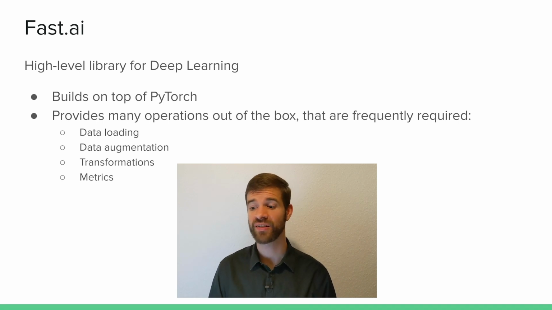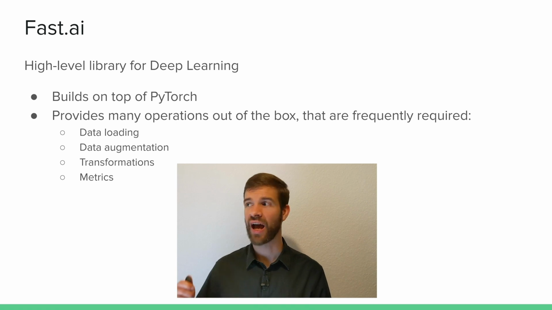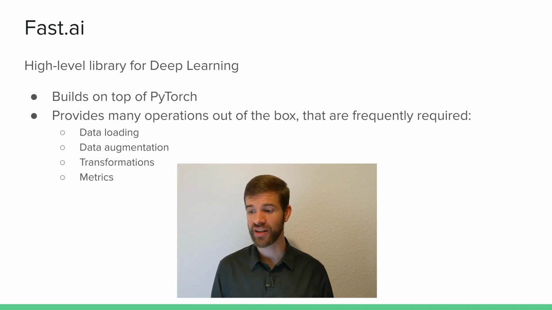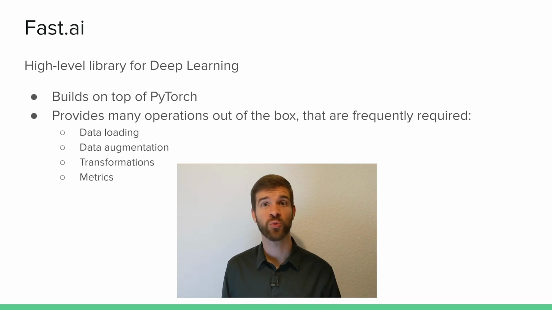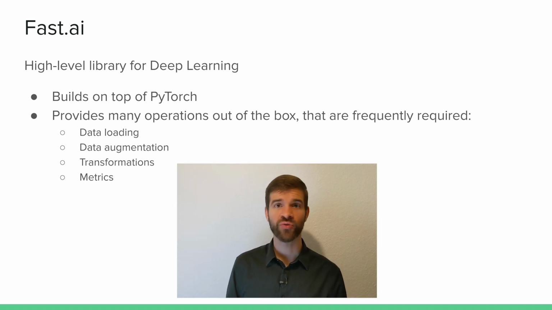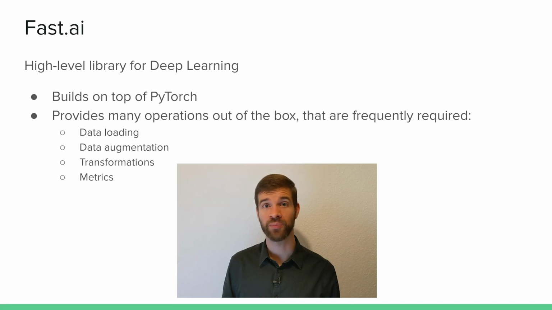People are writing some data loaders over and over again. So what you can do here is take the data loader that they've already written and tested, that is proven to work efficiently and load your data efficiently, or some data augmentation if you're working with images. They already provide many of these things out of the box that you can use.